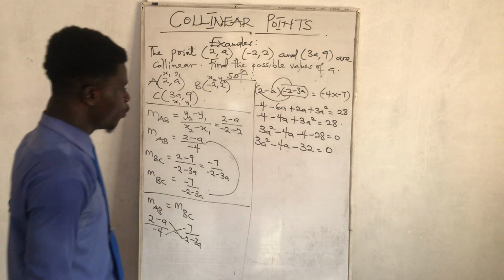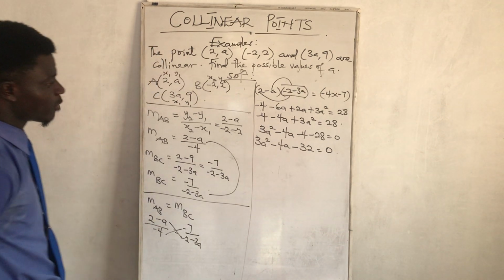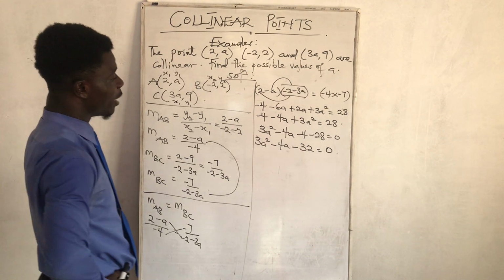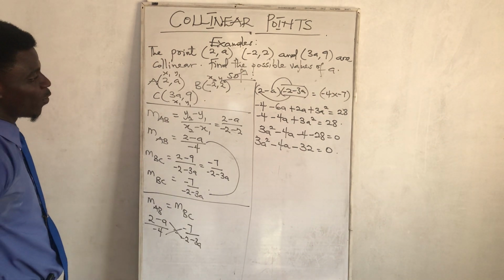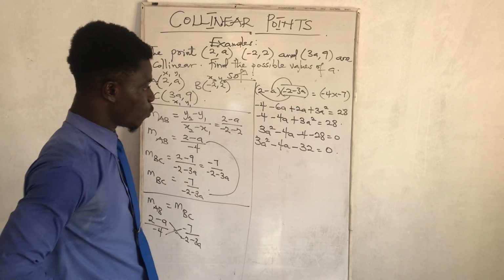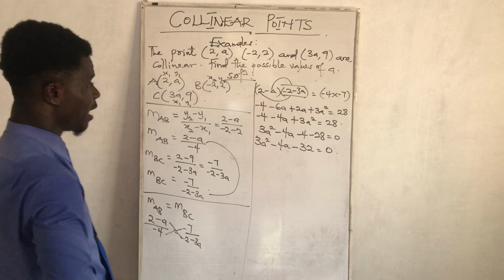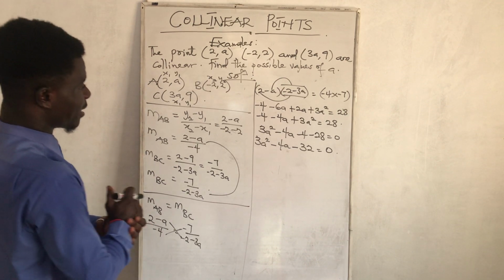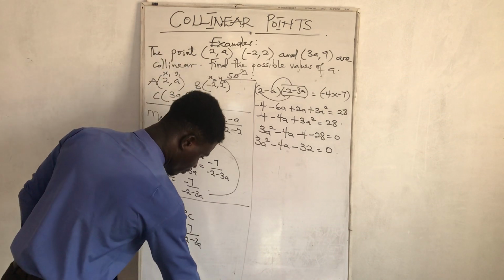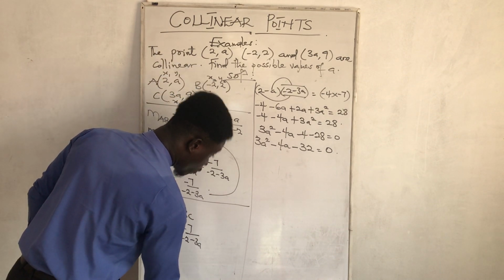Here we can use the general quadratic formula to solve this, or you can use the completing the square method, or you can use factorization. There are more methods in solving for quadratics.